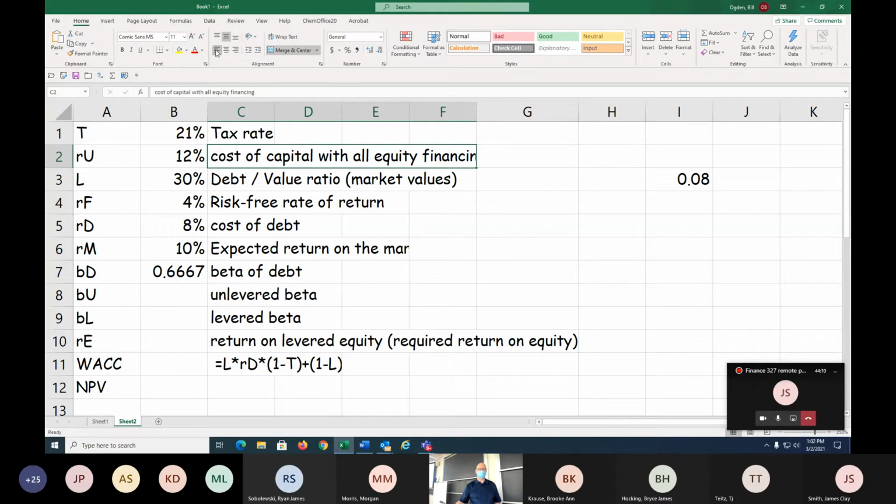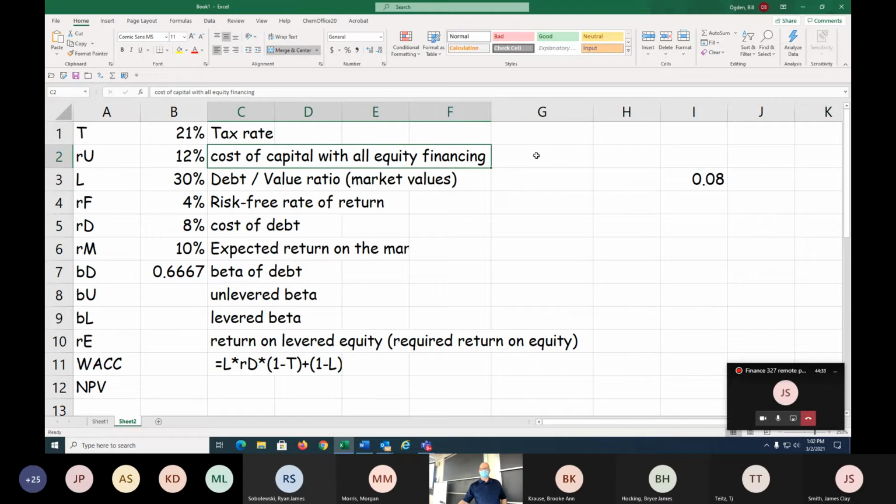I don't know. Oh, they're centered. No? I know that won't work. I've never seen this happen before. Okay, anyway, we have a premium for the unlevered cost of capital, the no debt cost of capital.